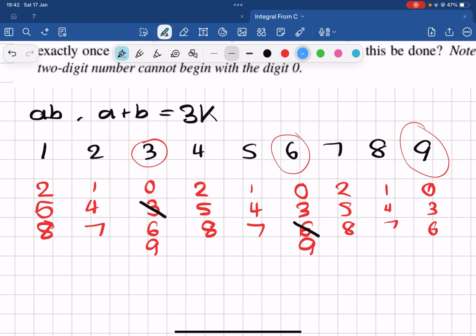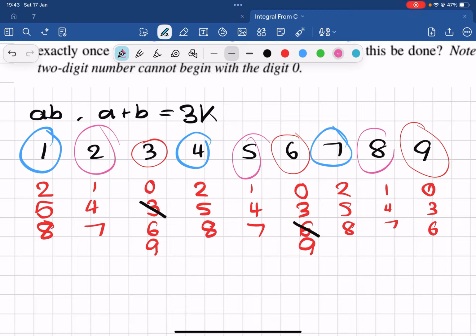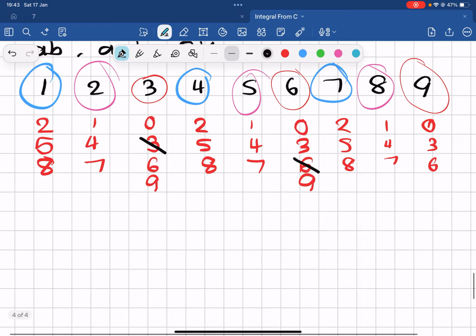Now let's group these somehow. We know that numbers starting with 1, 4, and 7 end in the same three possible digits. And the same for 2, 5, and 8. Since we deal with multiples of 3, let's write them in terms of their residue classes.